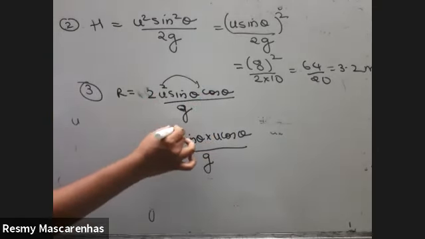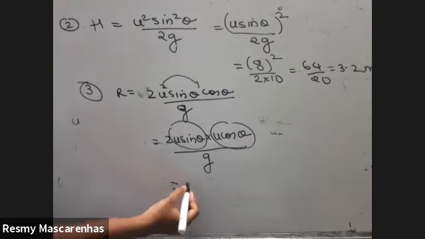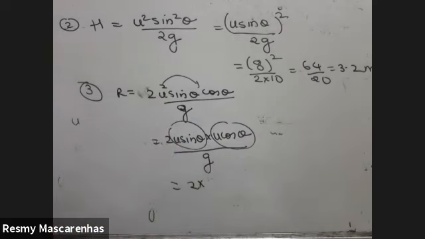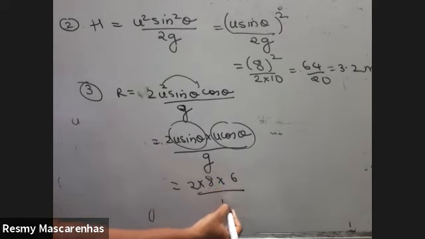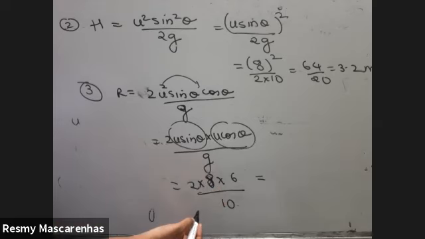And this value you know now. And this value also you know. This 2 u sin theta will be 8. And this is 6. This will be 10. Then calculate.